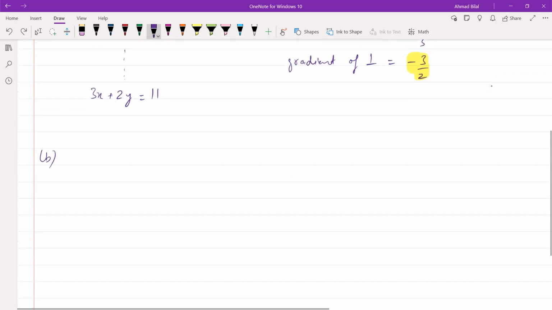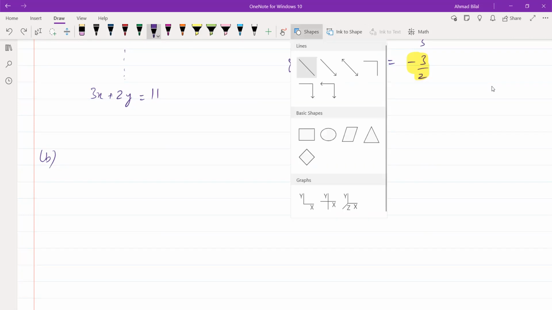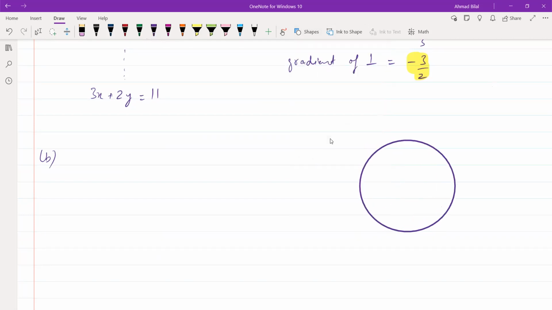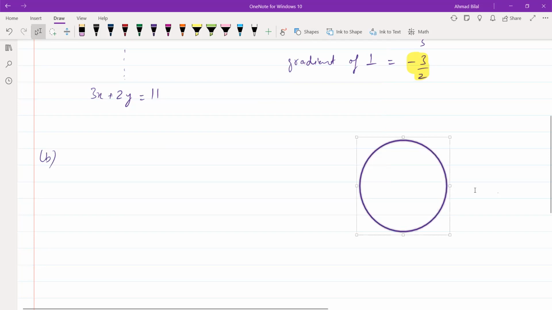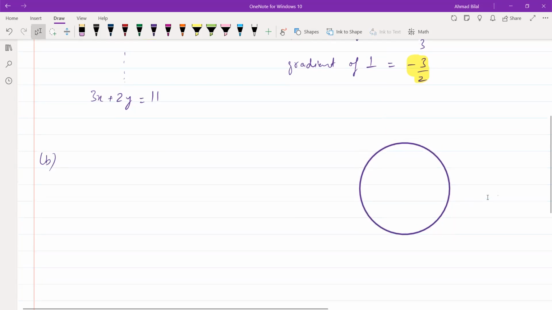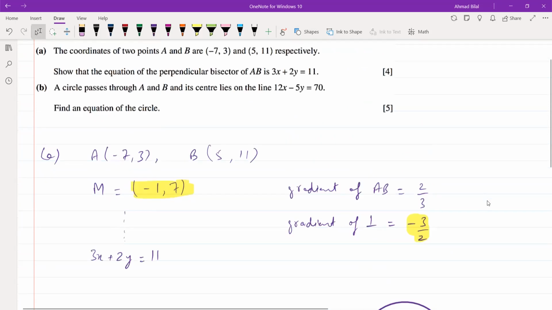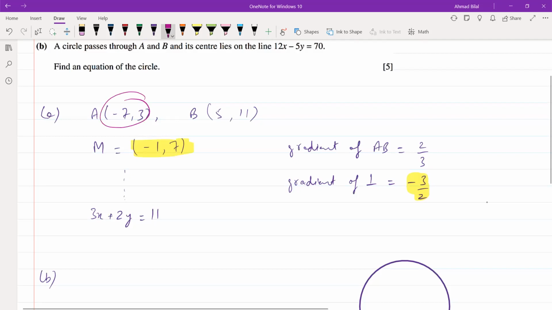Now, again, it's going to help if you draw a rough sketch of the situation. So you've got the circle. There are 2 points that lie on the circumference of the circle, which are points A and B. So point A is -7 and 3.